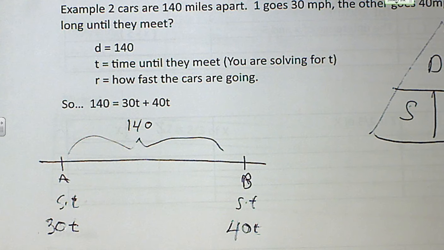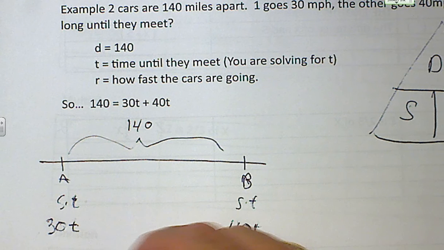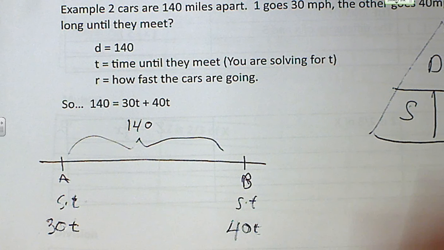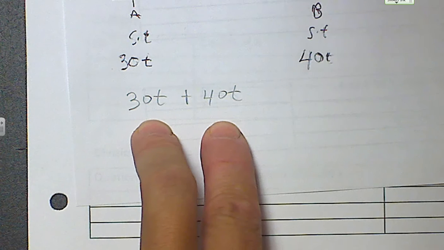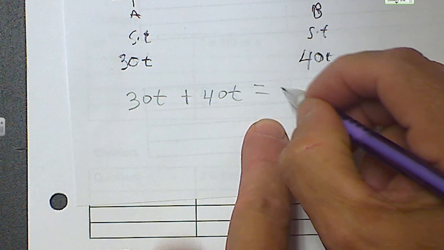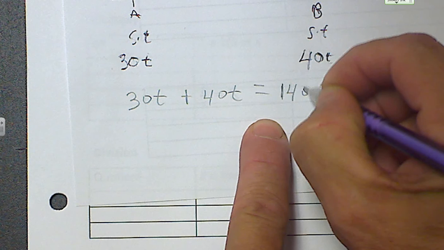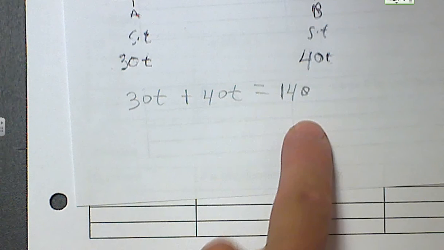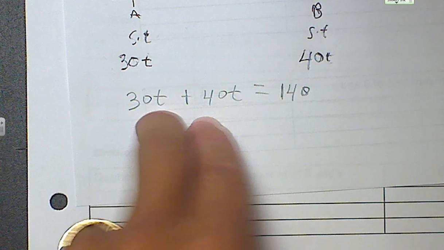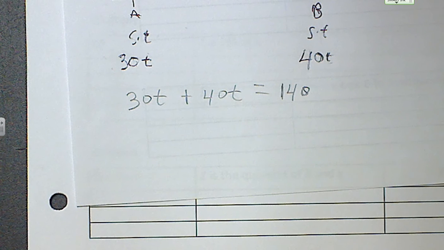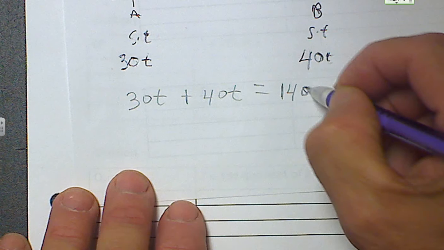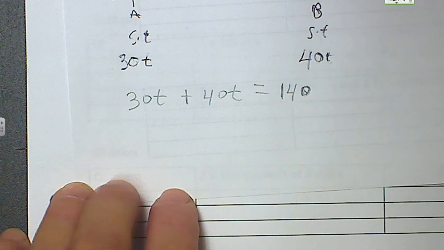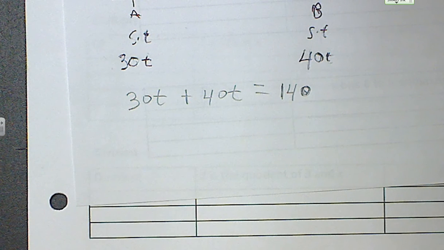Okay. So in this case, it's going to be 30t plus 40t. This will be the total distance they travel, equal to the total distance I want to go. Distance equals rate times time. That's what's going on here. So 140. Next step.